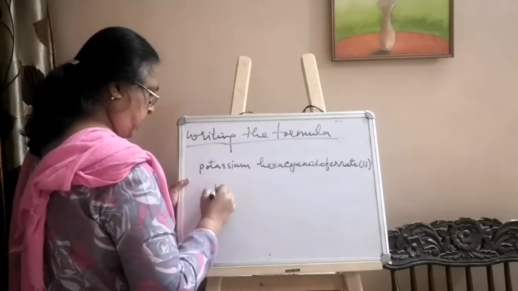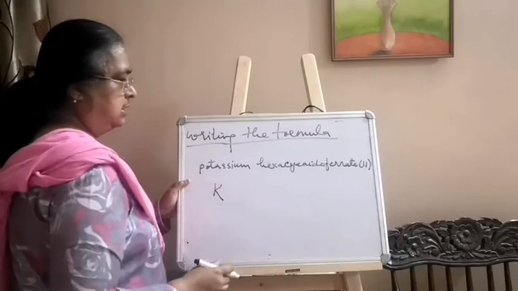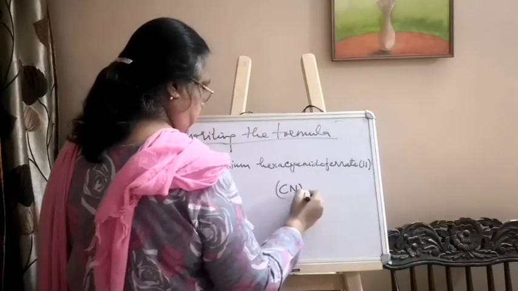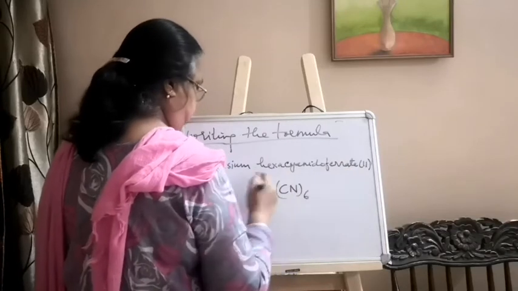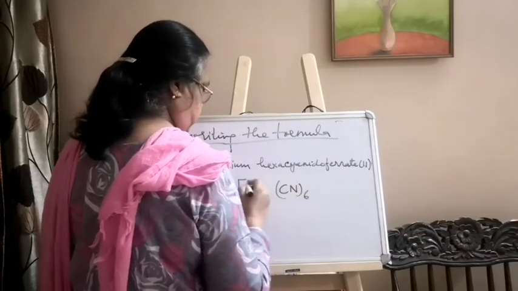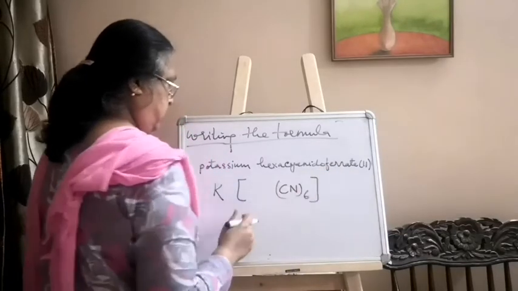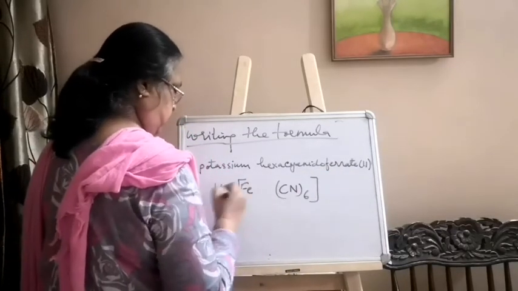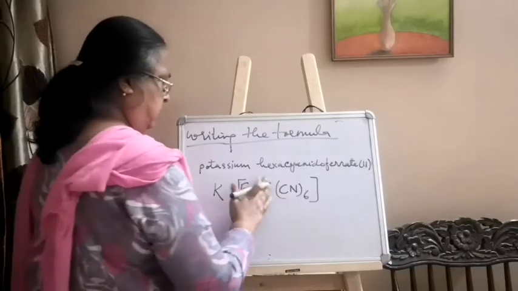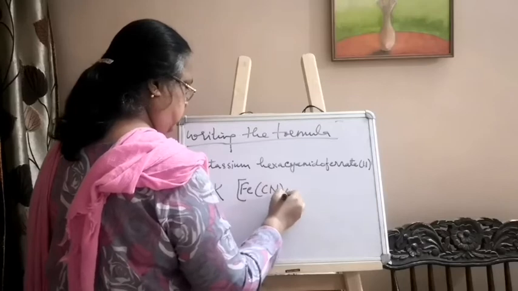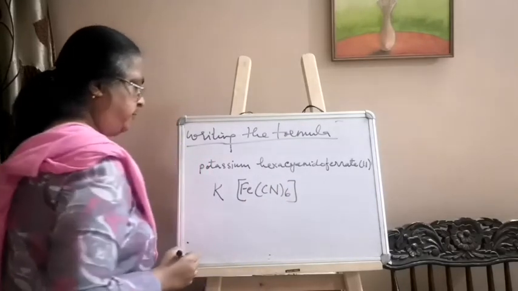So potassium K and hexacyanido, it means CN is 6. Central metal atom is always written first in the square bracket. So you will write this in the square bracket. First you will write the central metal atom Fe in the square bracket. We have no other ligand, so CN6. Okay.